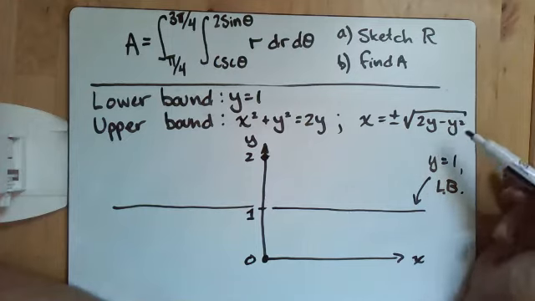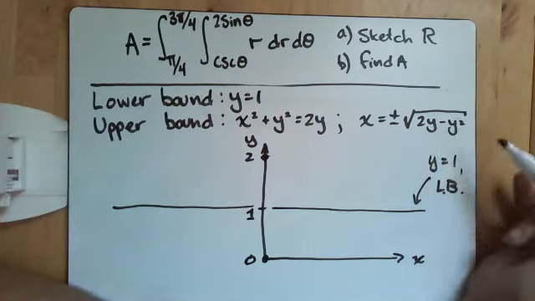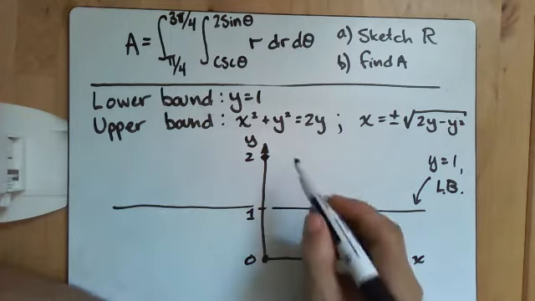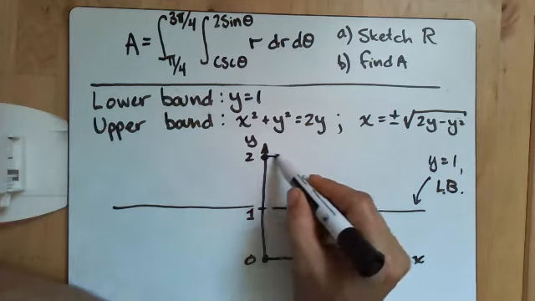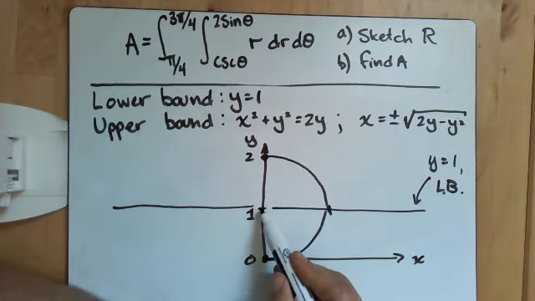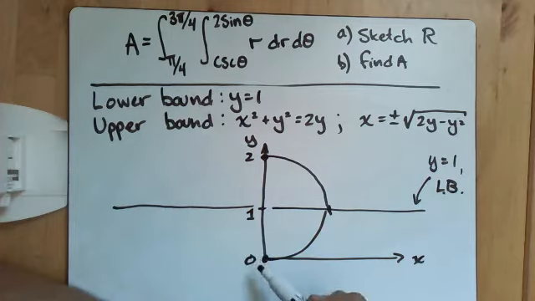This reaches a maximum when y is equal to 1 at x is equal to 1. And it's maybe not surprising that this ends up being a circle of radius 1 centered at y equal to 1, x equal to 0.